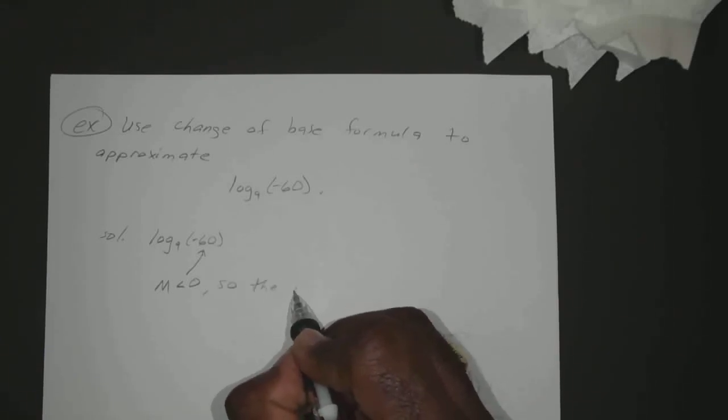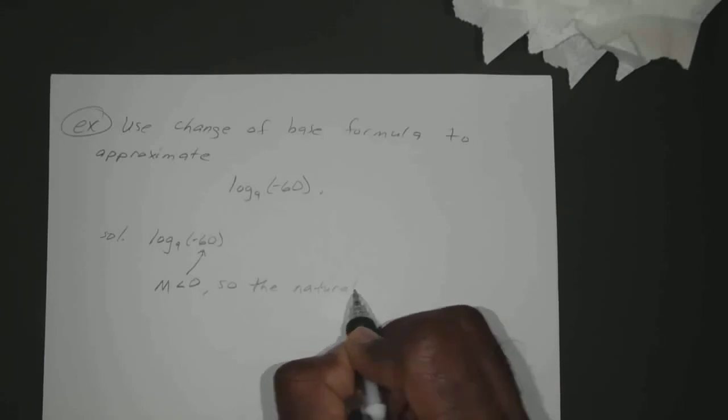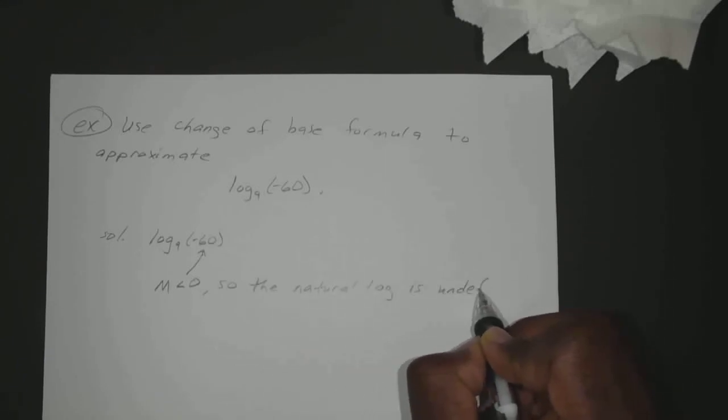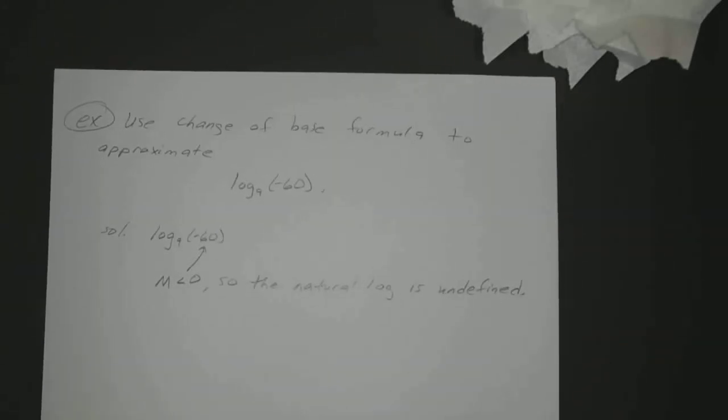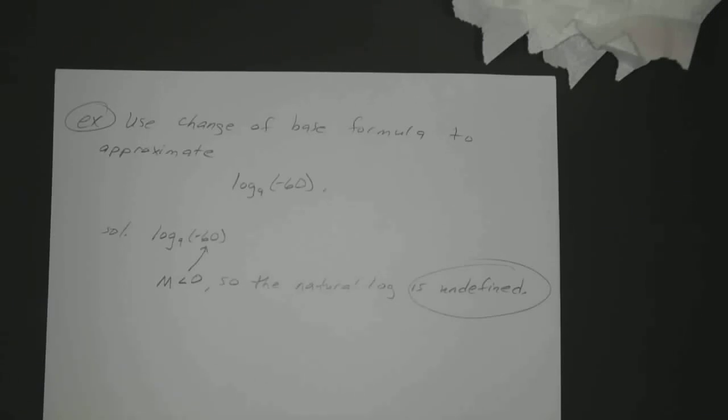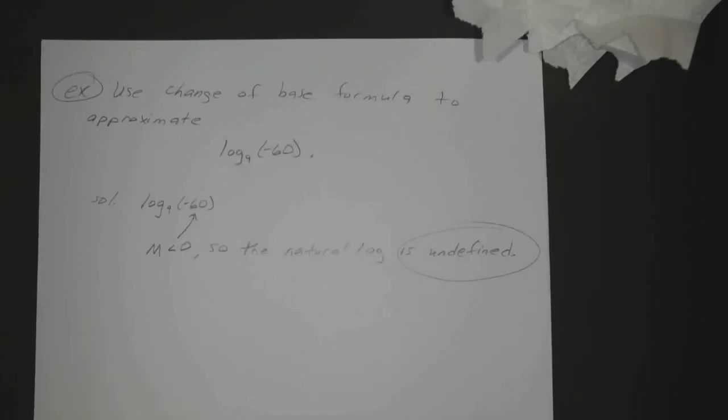So the natural log is undefined. Okay? Those are those little rules that kind of sneak up every once in a while. So just undefined would be your answer. Okay. So any questions on that one?